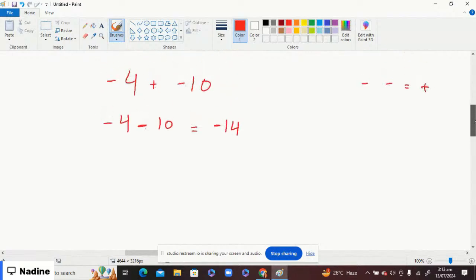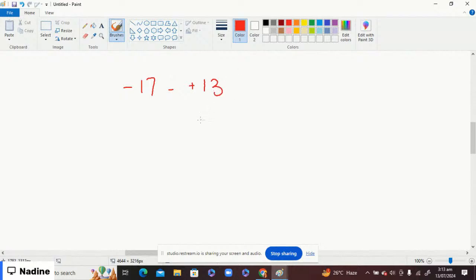Okay, look at here now. Let me write it here. Minus 17 minus into plus 13. Now what's the answer for that? Check it out, everyone, and tell me this time. There is minus 17 as it is, one minus and one plus, it's minus 13.